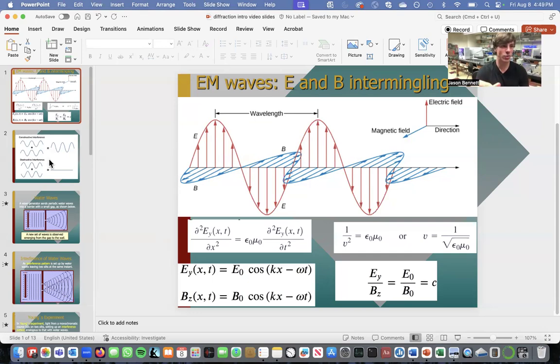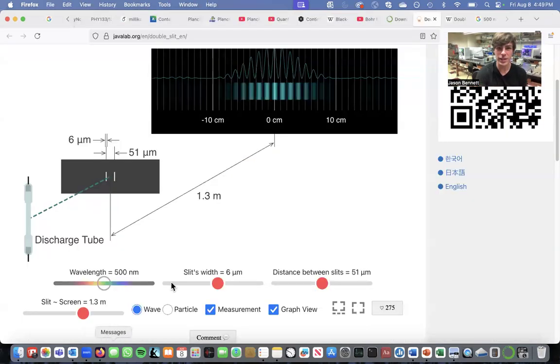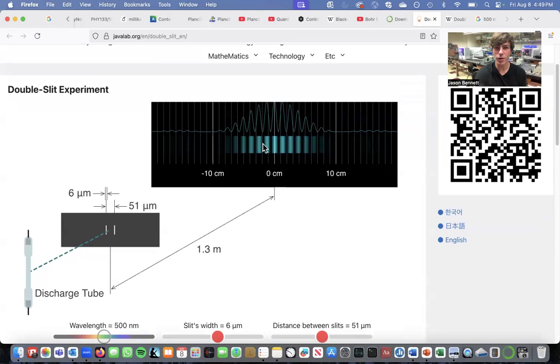And in terms of the phenomena that we see when we look at the double slit experiment, there are bright and dark fringes. If light were a particle, like a basketball going through two slits, it would just be two marks on the wall, but we're seeing that it's spreading out, something that waves would do.